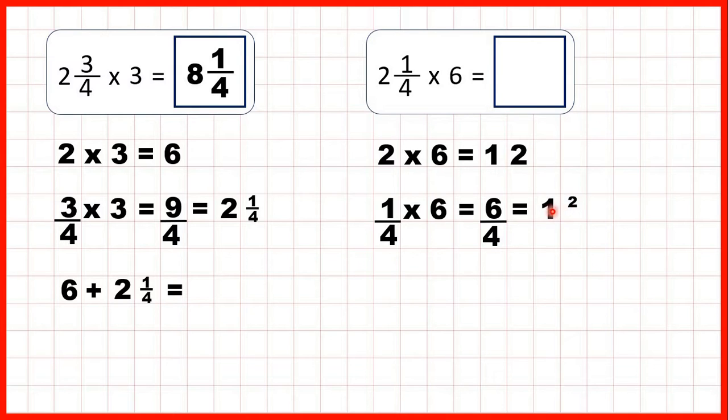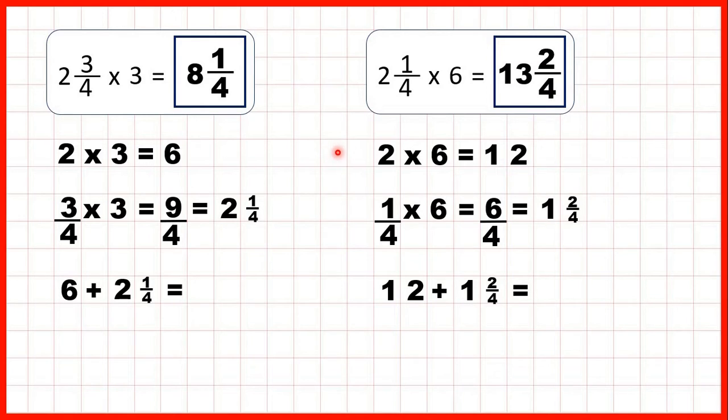And that's because 1 times 4 is 4, and then we need 2 more to get to 6. The denominator stays the same, so we worked out that 2 times 6 is 12, 1/4 times 6 is 1 and 2 quarters, so now we can add 12 and 1 and 2 quarters. 12 plus 1 is 13, the 2 quarters stays the same, so our answer is 13 and 2 quarters.